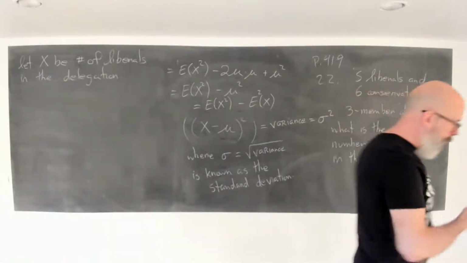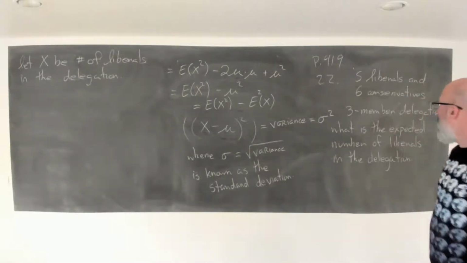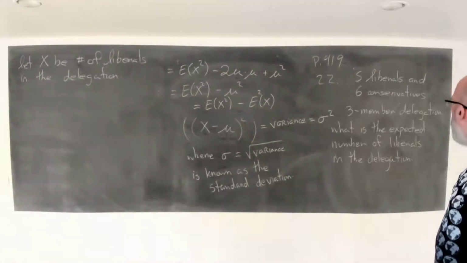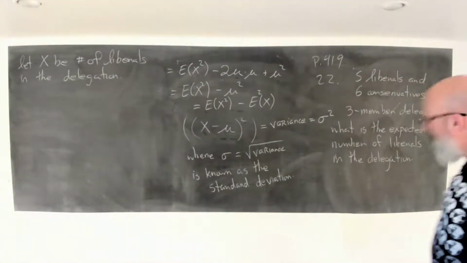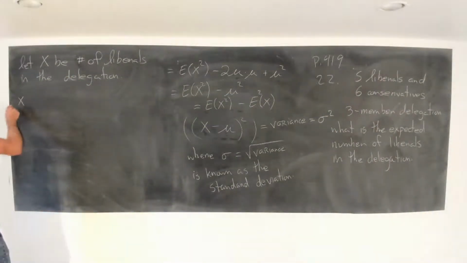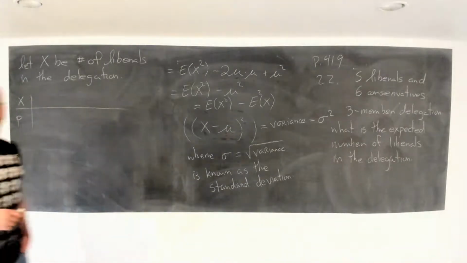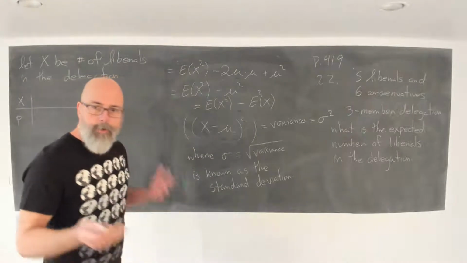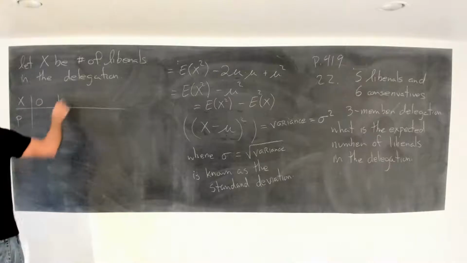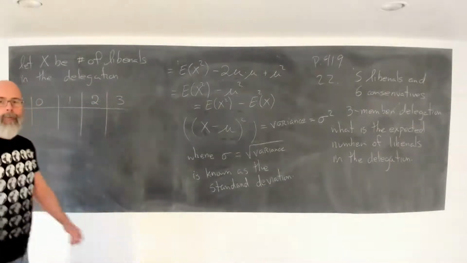How many liberals can you have in a 3-member delegation? Thank you, Bryn, right? You're either going to have 0 liberals, or 1, or 2, or 3. Absolutely.